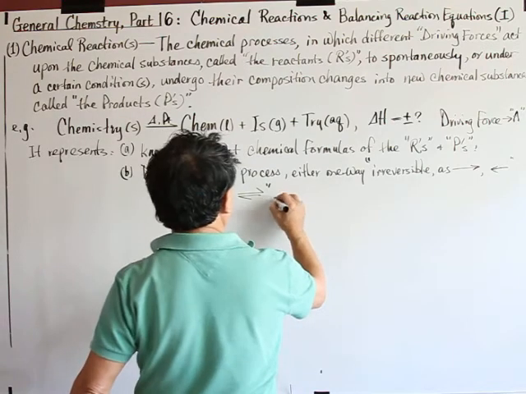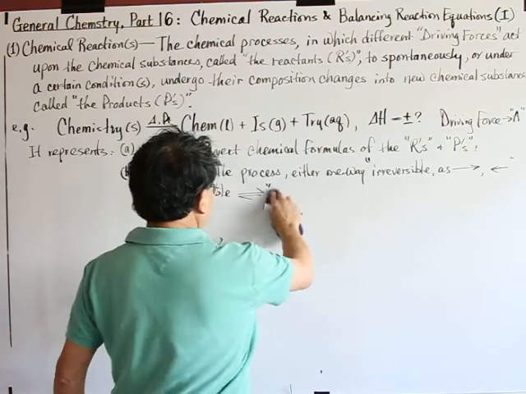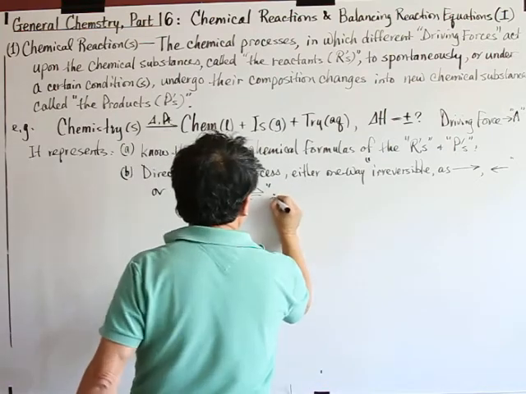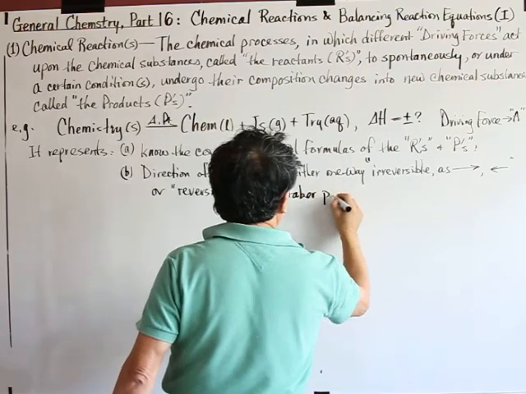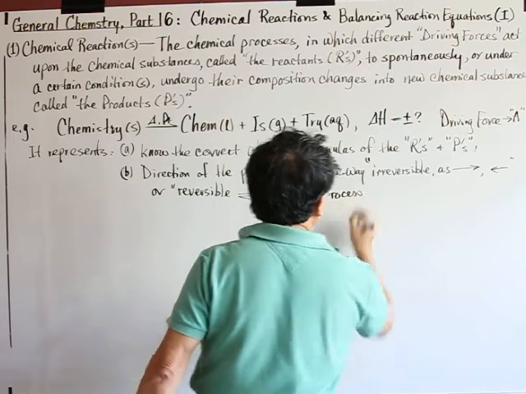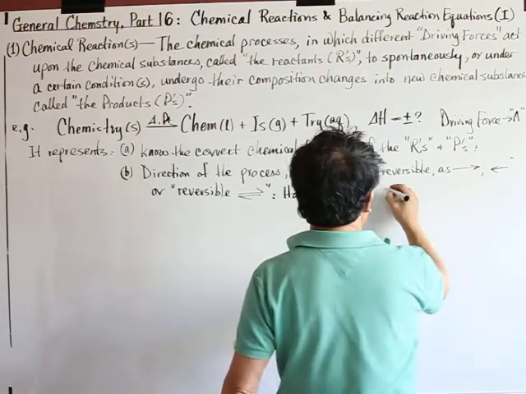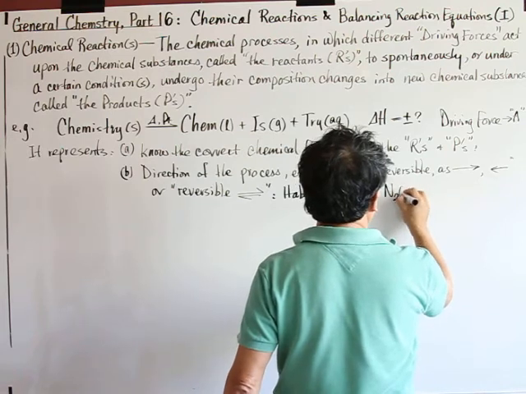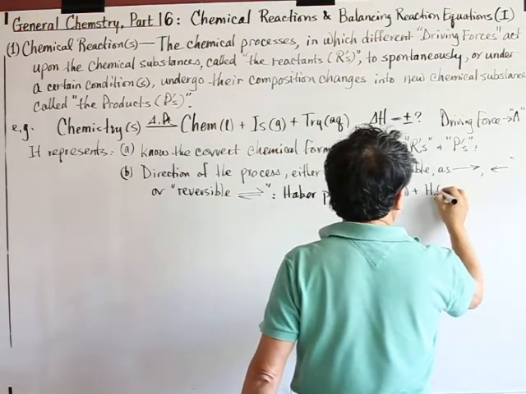The Haber process, for instance. Haber process for what? To make ammonia, right? So we understand that, right? So it's nitrogen gas reacting with hydrogen gas, right?